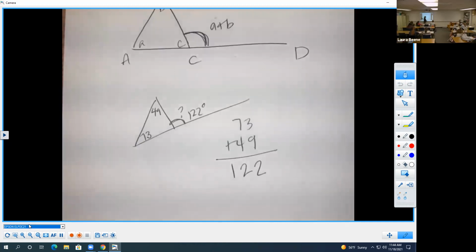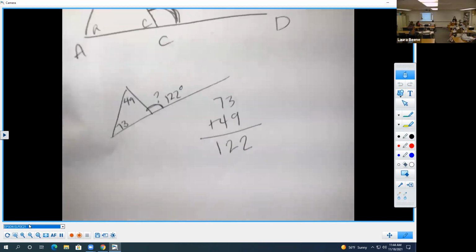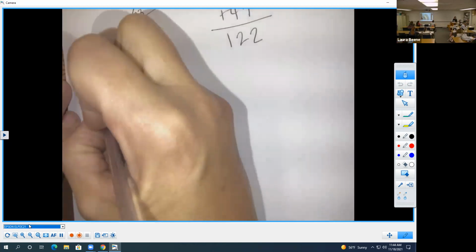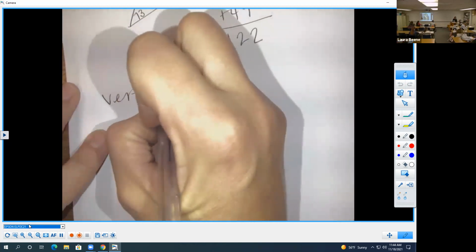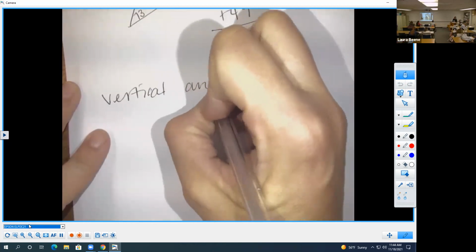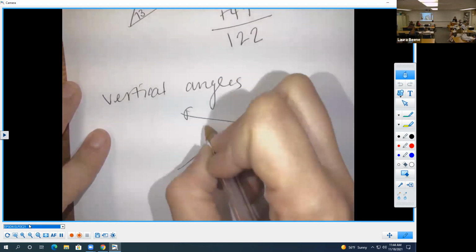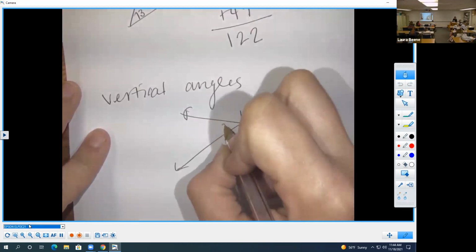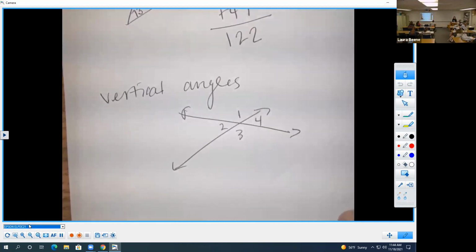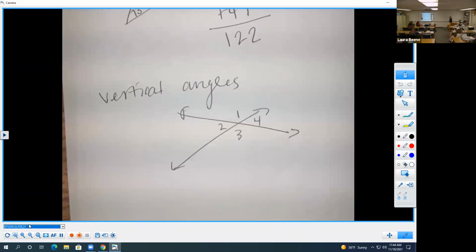The other thing we went over was vertical angles. What are vertical angles? Intersecting lines create vertical angles. So if I had 1, 2, 3, 4, give me a set of vertical angles. 1 and 3, because they're angles across from each other.